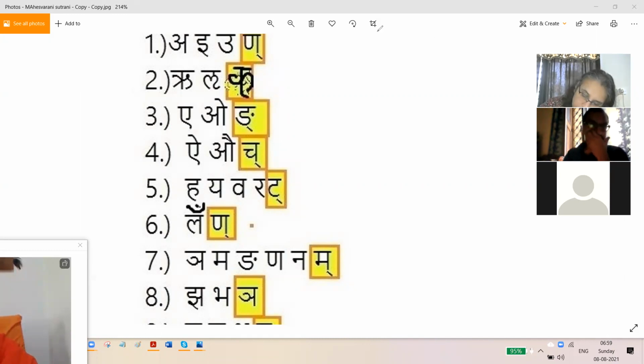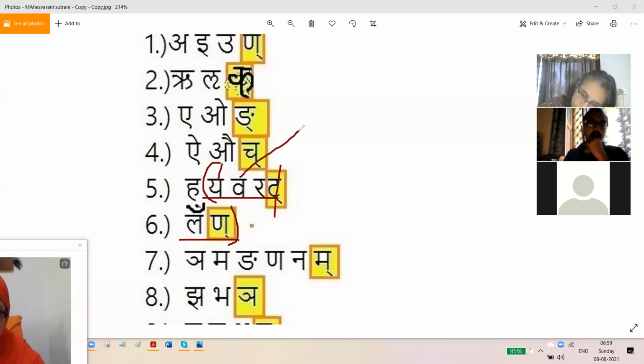Same way, yan sandhi. How has this yan sandhi come? This is from Hayavarat. It starts from Yakara and goes up to Na. Ta we do not include according to Paninian rule. So Ya, Va, Ra, La. What we have seen in yan sandhi: if I is followed by any vowel, it becomes Yakara.